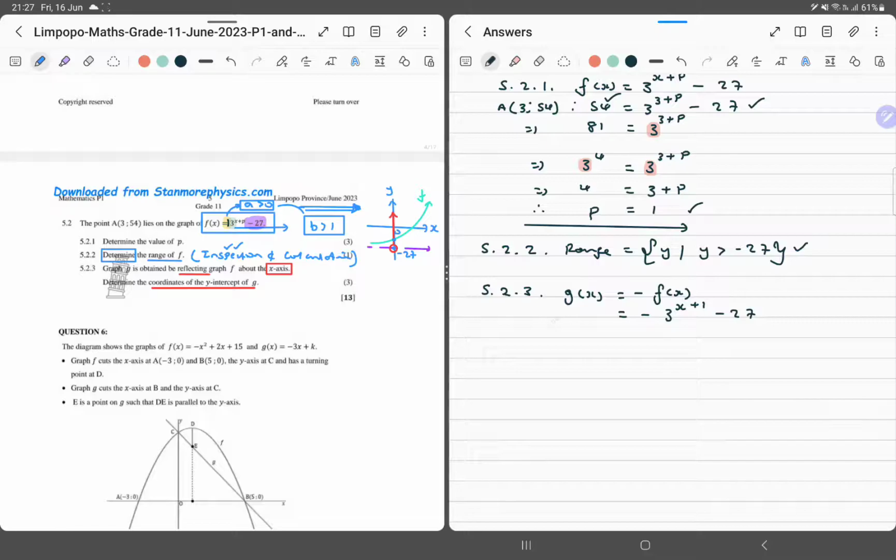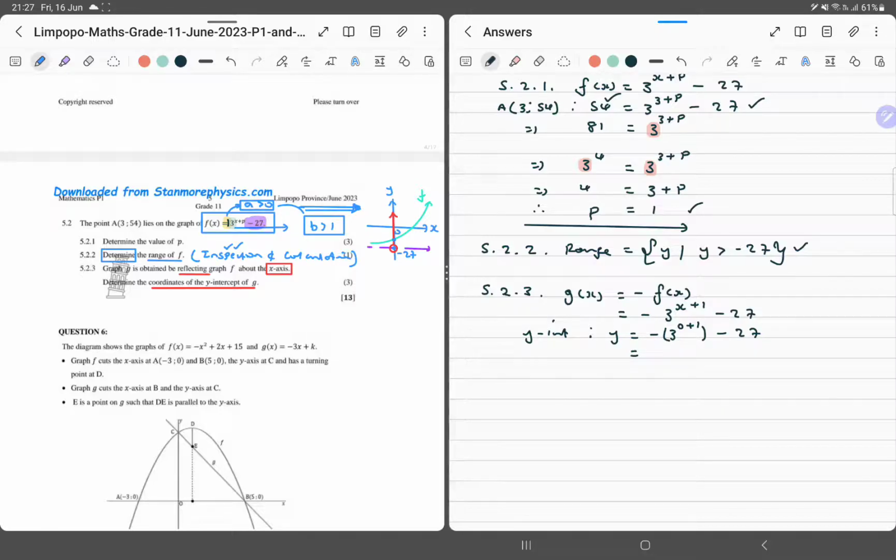Now we can say, now the y-intercept is such that we have y is equal to minus 3 to the exponent 0 plus 1. Remember, this is like this, guys. Be careful not to mix things here. You're going to get hurt. So now 3 to the 1 is 3. Then we multiply by that.